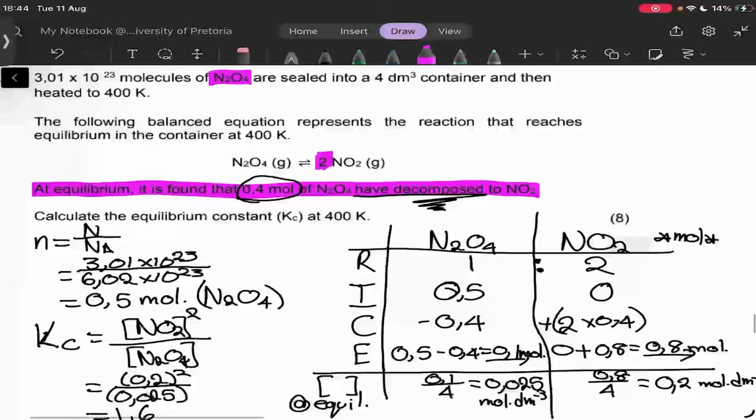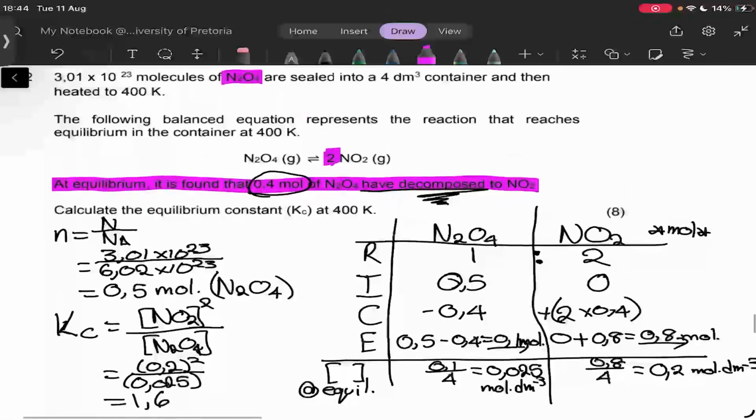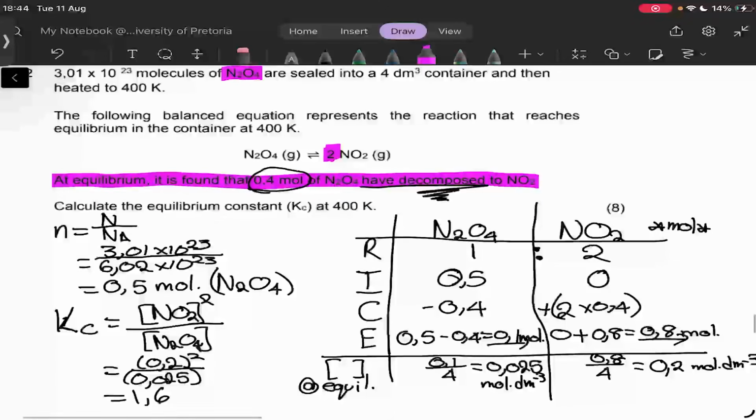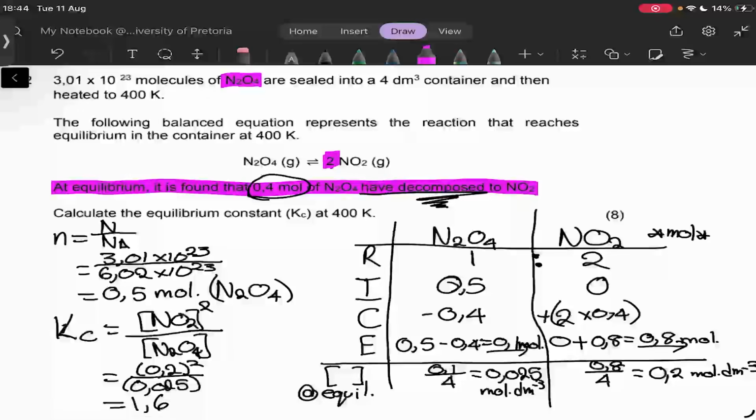I guarantee you guys it's not that difficult. We just have to remember key things. If it's a scenario like this, you have initially zero product, if all you have is just the reactants and you're sealing that into a container. We also have to recall that the change in the amount is in proportion to the ratios.